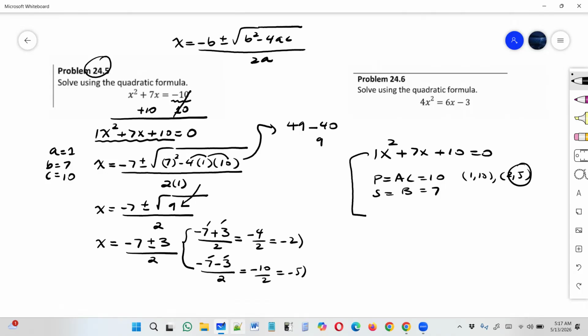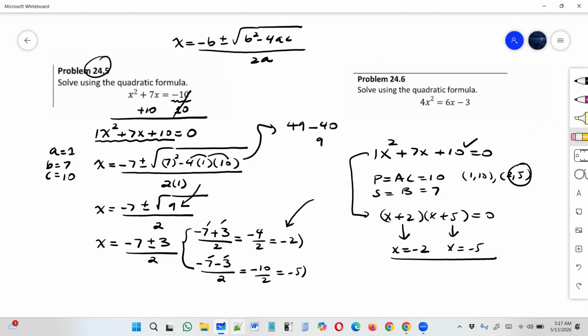So this will factor to x plus 2, x plus 5. And now by the zero product rule, this gives you -2, and this gives you -5. Now, in this case, this is factorable, but we solved it by the quadratic formula. Okay, so the quadratic formula works whether the equation is factorable or not.